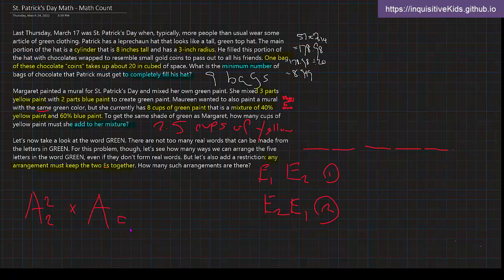So out of 5, we're going to choose 3. So we just multiply these 2, right? Which equals 2 times, and this is just equal to 5 times 4 times 3, and that equals 60. 2 times 60 equals 120, so there are 120 arrangements.